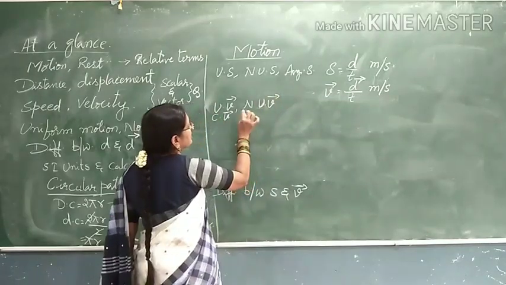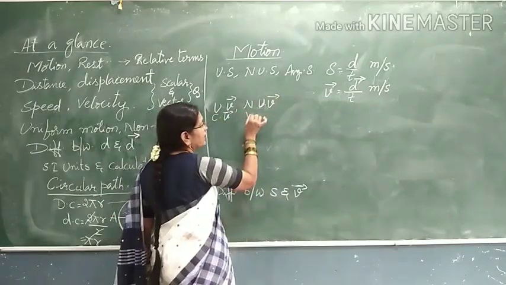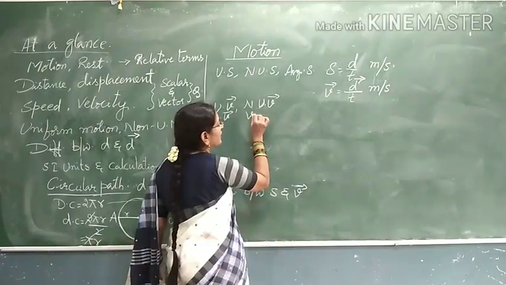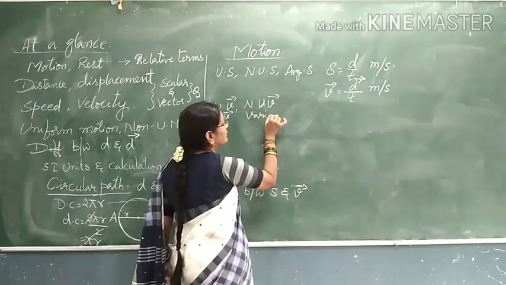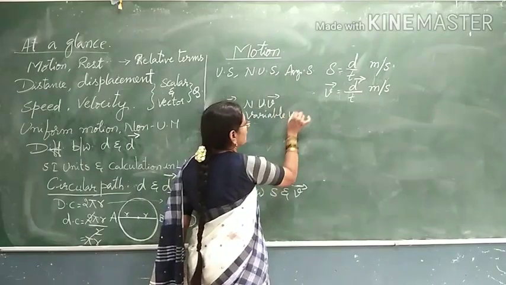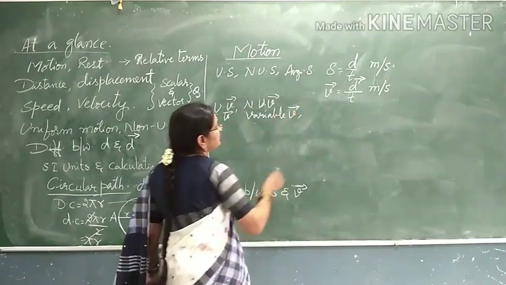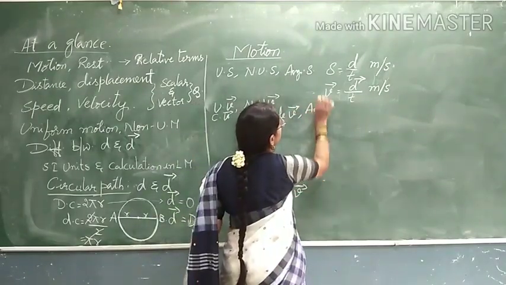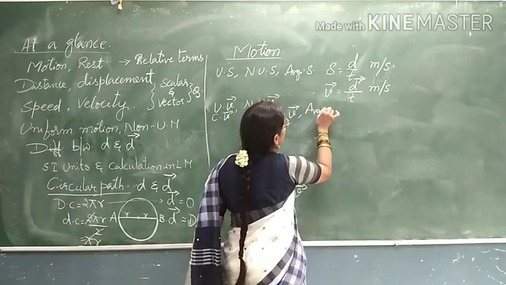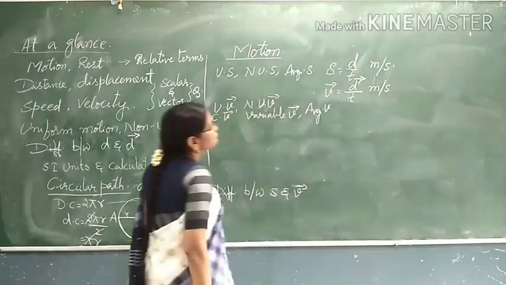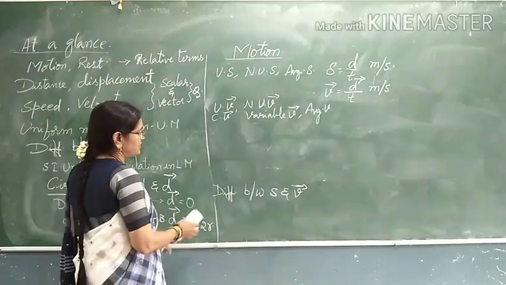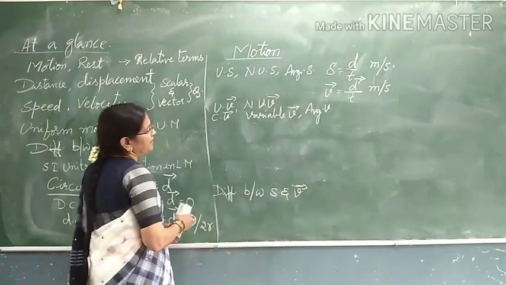Non-uniform velocity, or variable velocity. Then what have we studied? Average velocity. Yes. Now coming to the differences between speed and velocity.